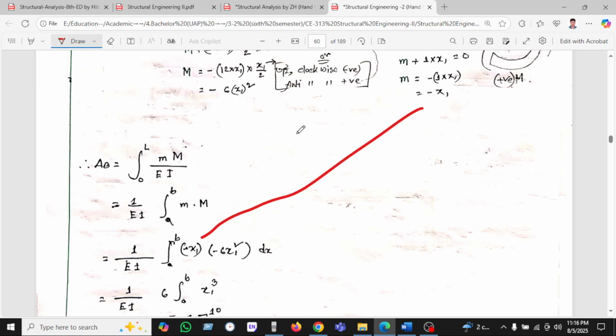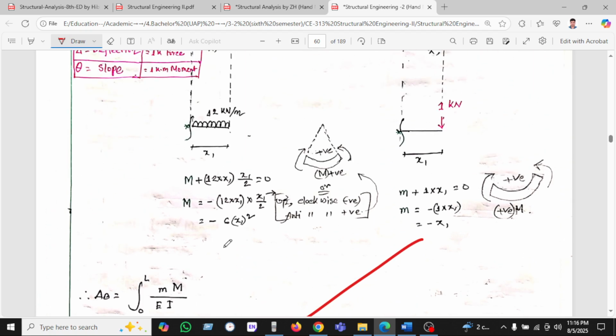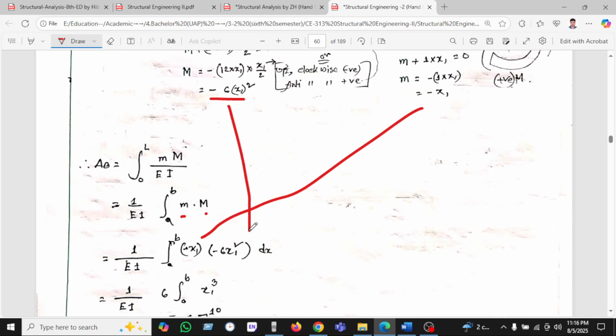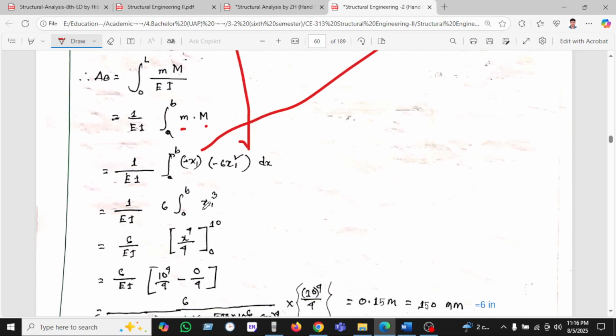Putting this value as minus small m, and for the bigger M we have seen -6, and putting all these values here, we found minus into plus 6x cubed. So 6 is taken on the left side, so x cubed.